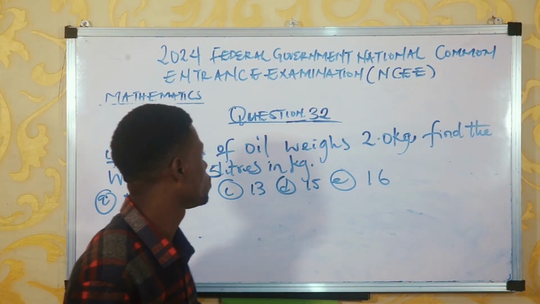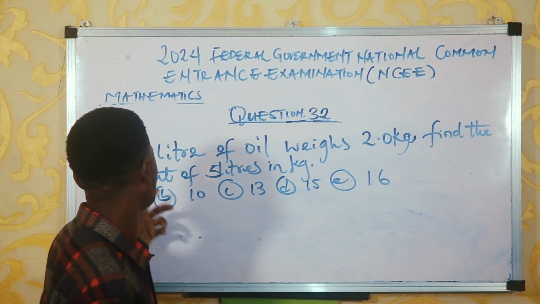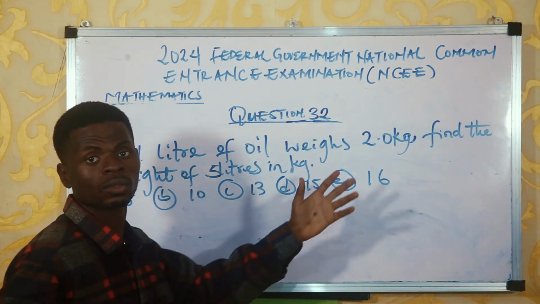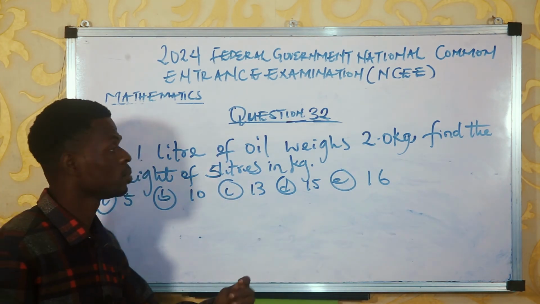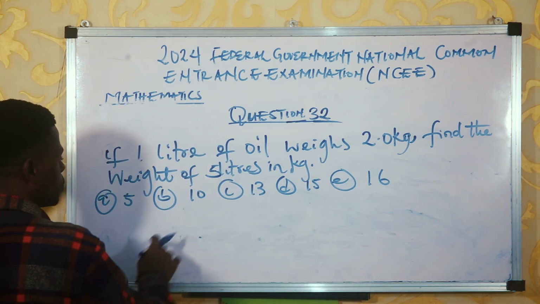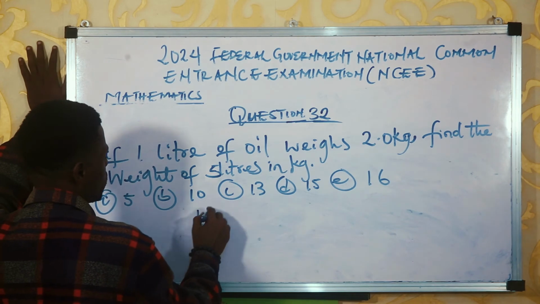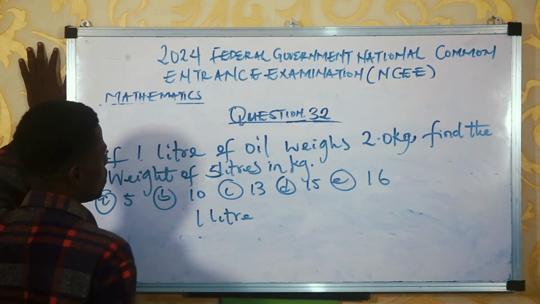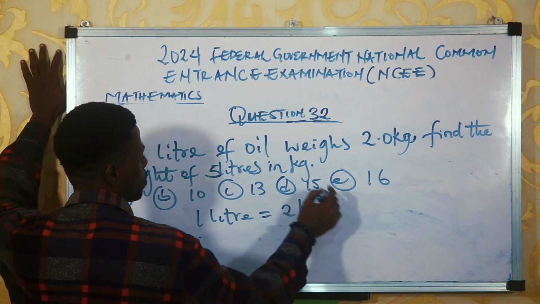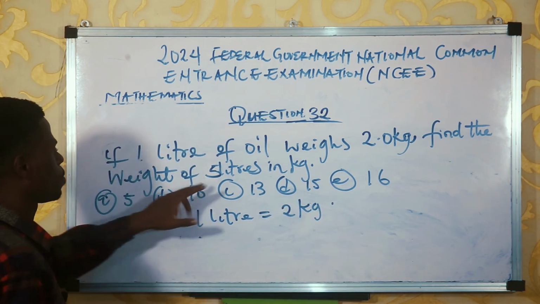Next, question 32 says that if 1 liter of oil weighs 2.0 kilogram, find the weight of 5 liters in kilogram. Okay, look at it. 1 liter is equal to 2 kilogram. Take note of that. Now we are looking for 5 liters.